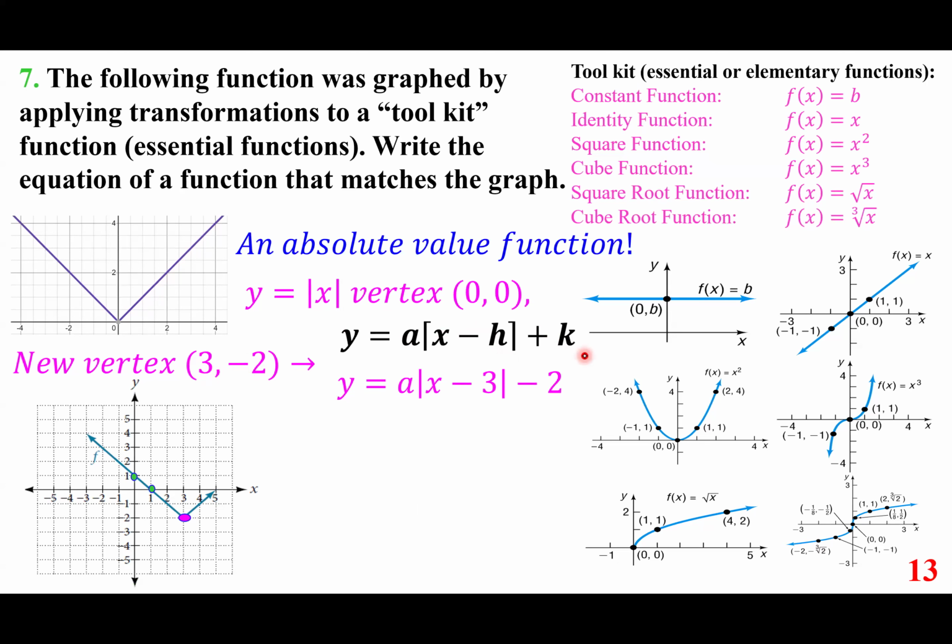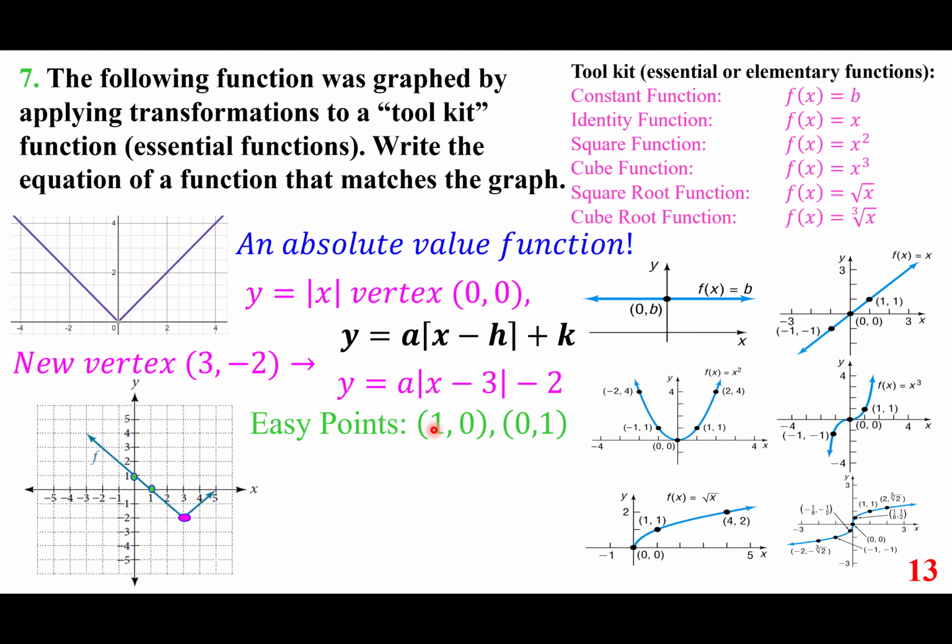Now what do we do? You pick up a point that is easily recognizable. What about the intercepts? This is located at 1, 0. This is located at 0, 1. If you plug in any of those pairs, you can figure out the missing a, everybody, so let's do that. Those are the two easy points. Let's say we are going to use this one.